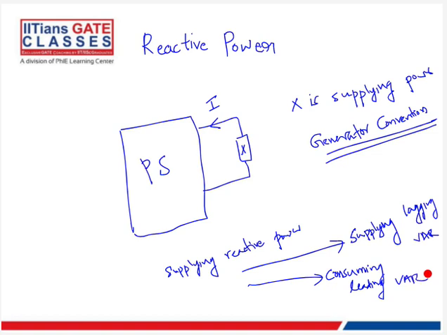So what does that mean? Basically, both are interchangeably usable, but since the direction of current is into the system, we prefer to say supplying lagging VAR. If somebody says supplying lagging VAR or consuming leading VAR, it is the same, right?